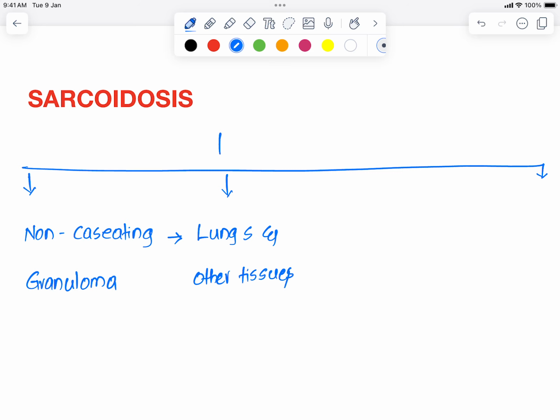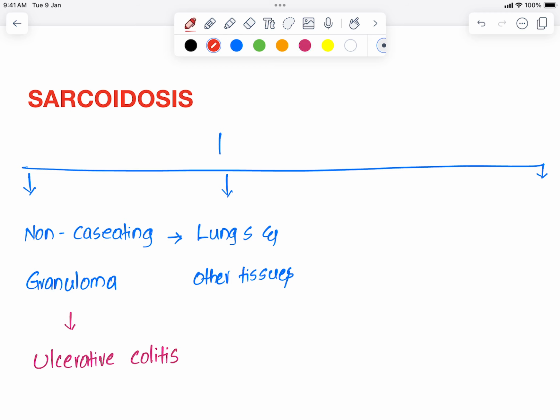And what are the other conditions where you can have the presence of non-caseating granuloma? Non-caseating granuloma is also seen in ulcerative colitis.